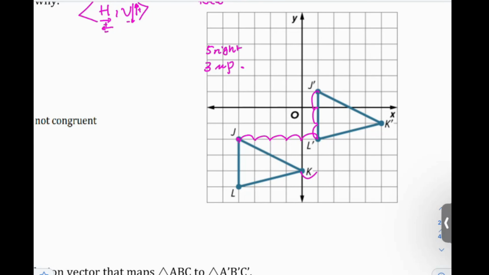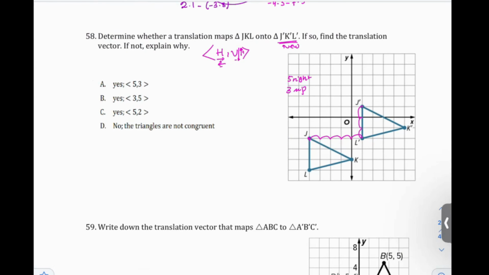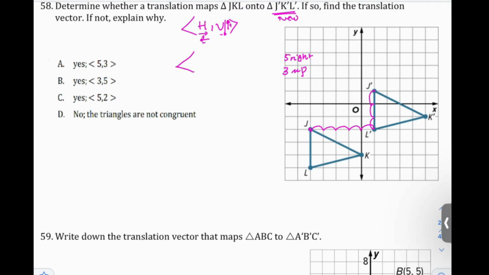If you check for K, it's the same number of units. If you check for L, it's the same number of units. So that means, yes, there is a translation. So we'll answer yes, but you have to write in order. 5 units right, so it is positive 5. Then 3 units up is 3 up. So this is the answer.